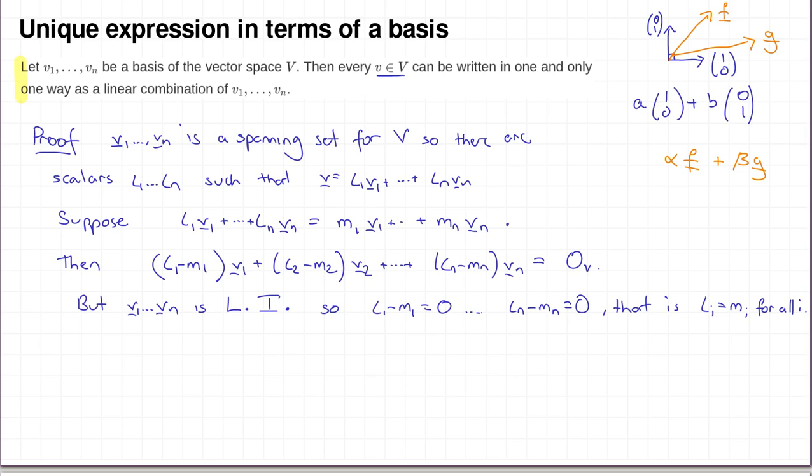Before I move on, let me just say what this allows you to do. This allows us to compare coefficients.